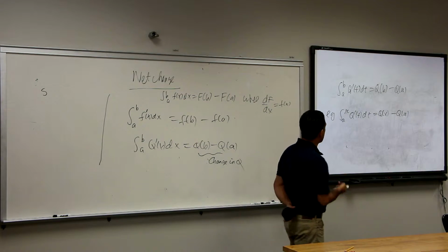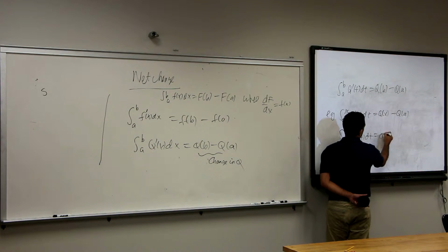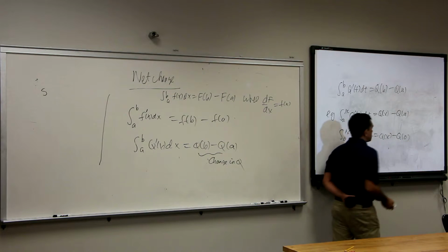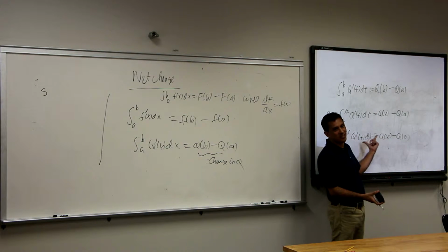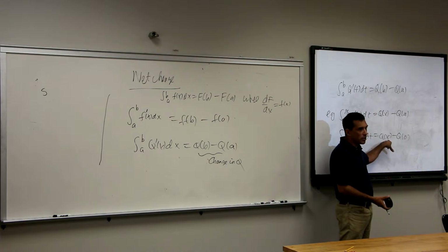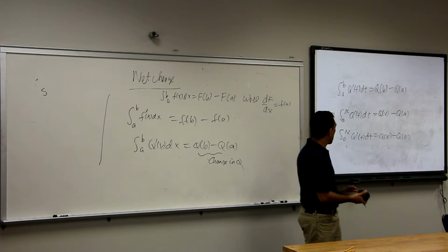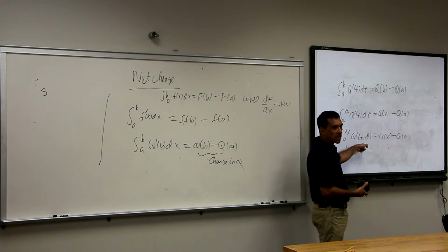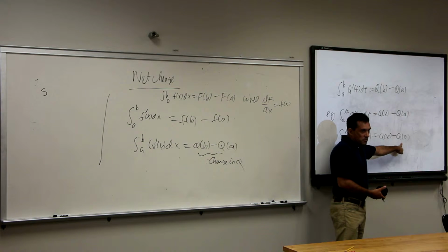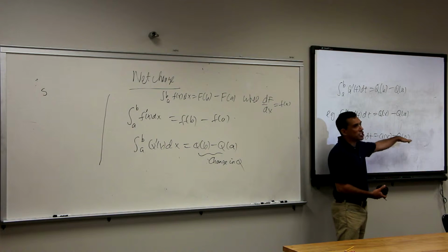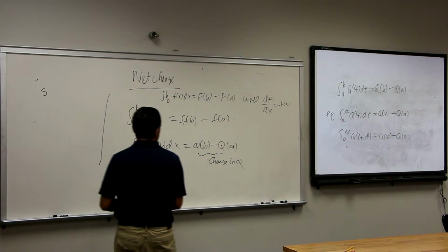An even more specialized example would be this. If you started at 0, then this would be your position function. So this is your velocity, and you know your initial position. Then you can find your position function.